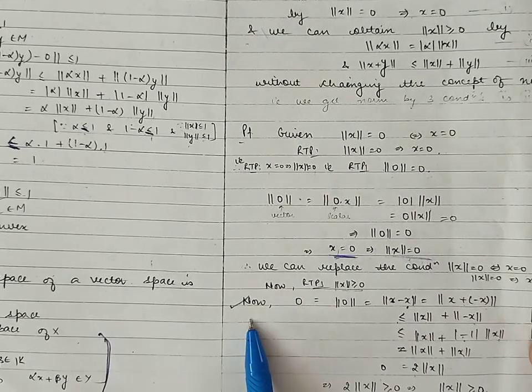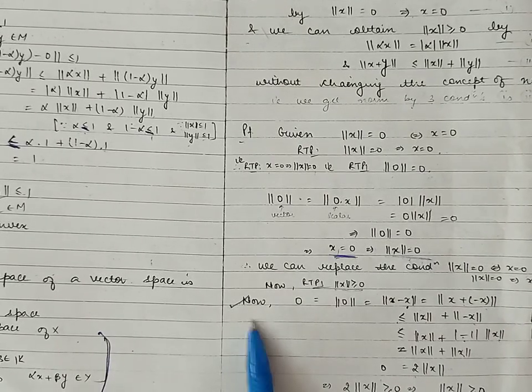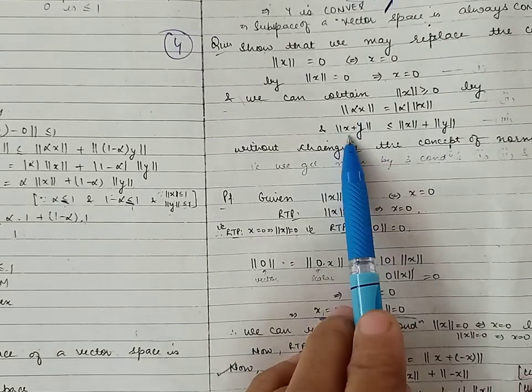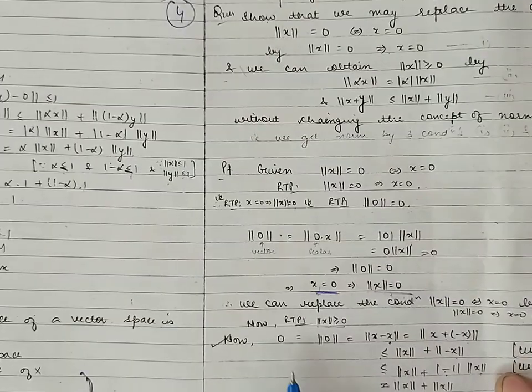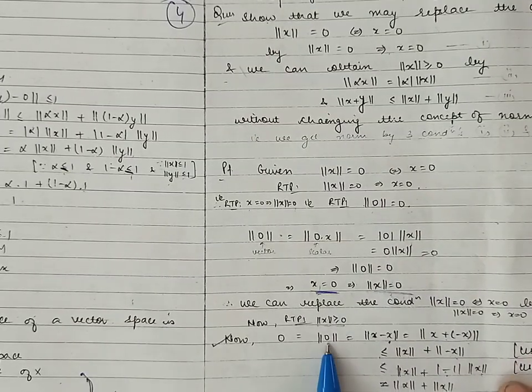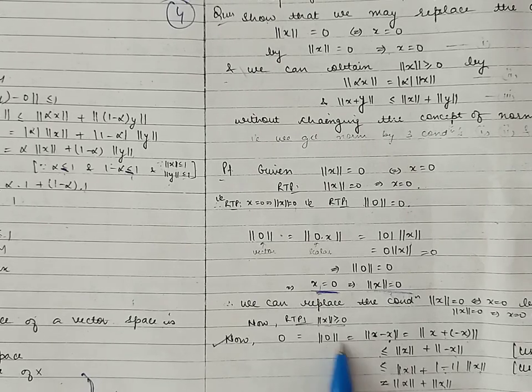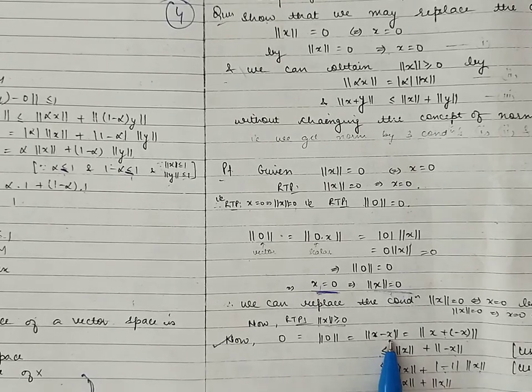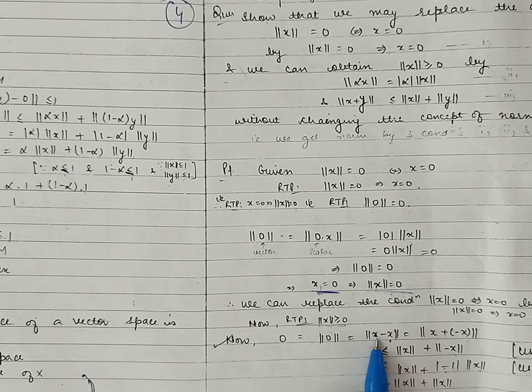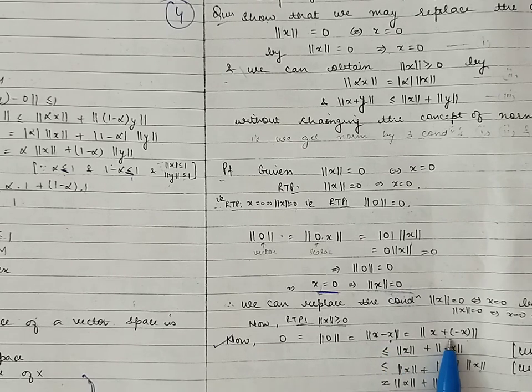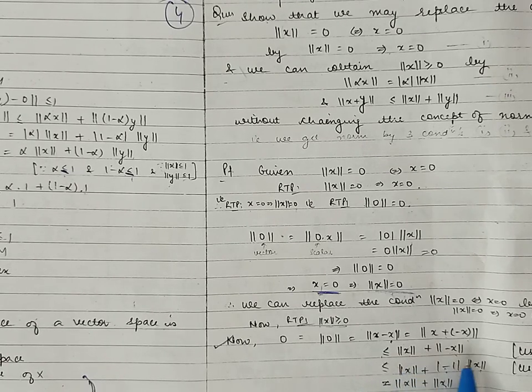Now next we prove the non-negativity of norm by using these two conditions. Now let us again consider the norm of the 0 vector. Now the 0 vector can be written as x minus x, where this x belongs to the norm space X. Now we can use the triangle inequality. By using the triangle inequality, this is less than or equal to norm x plus norm of minus x.